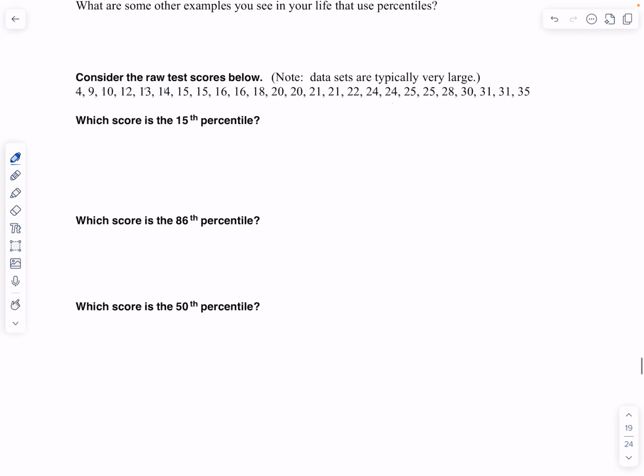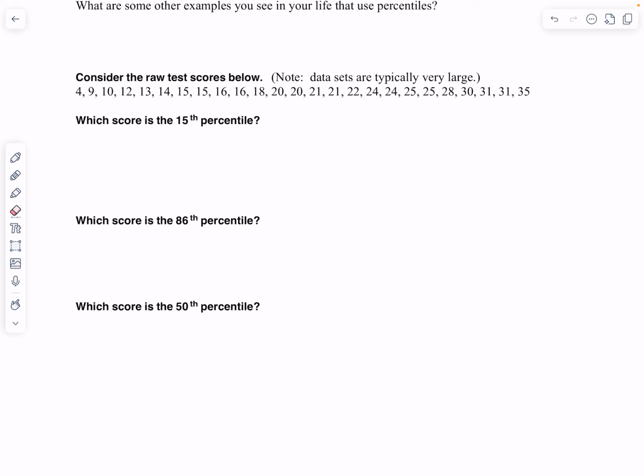So consider the raw test scores below. Notice when we do these, the data sets are very large. This is not as large as what it typically would be. The first thing you have to do is make sure these numbers are in order, because if they aren't, I can't find out what score is in the 15th percentile.